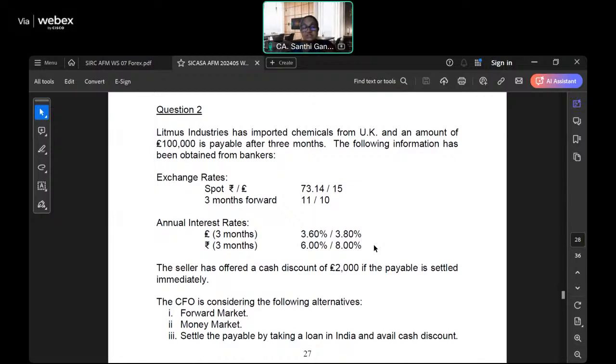And you have to consider forward rate, money market, and also whether you can just take a loan in India and avail a cash discount. All three you explore and see which is better.